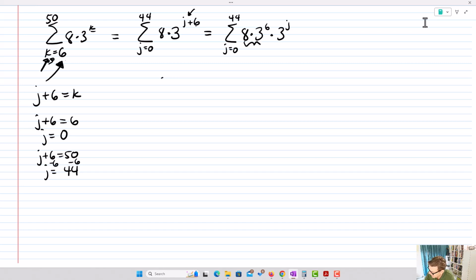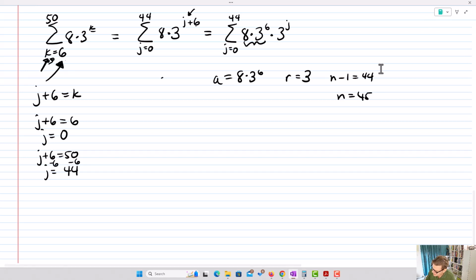So this now becomes our a. So a now is equal to 8 times 3 to the 6, and r, again, is still going to equal 3, and then we'll have n minus 1 equal 44, so n has to equal 45.